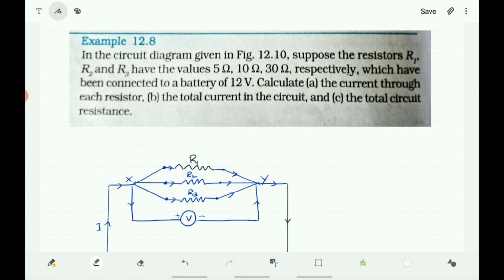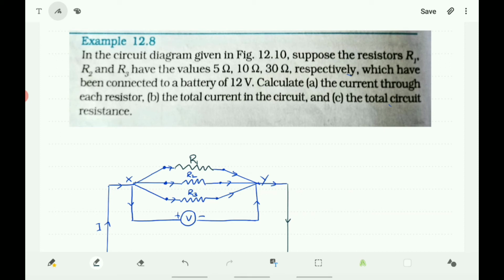Here 3 resistors are there, and the resistances are 5 ohm, 10 ohm and 30 ohm. So let us have R1 is equal to 5 ohm, R2 is equal to 10 ohm and R3 is equal to 30 ohm.